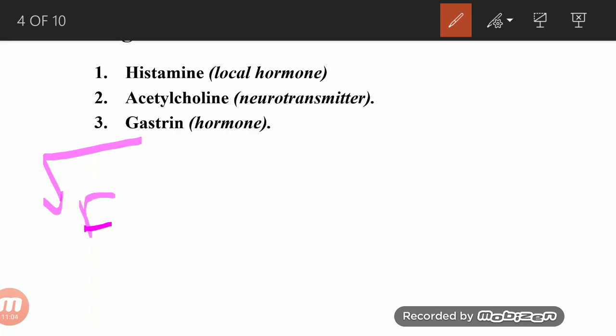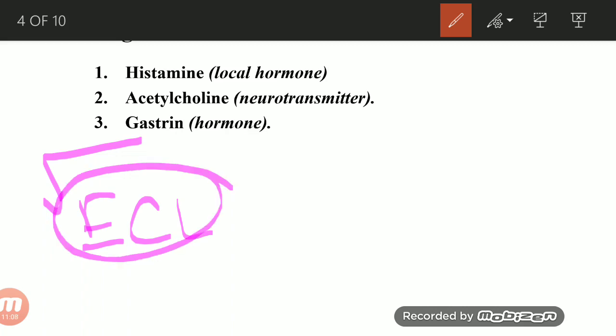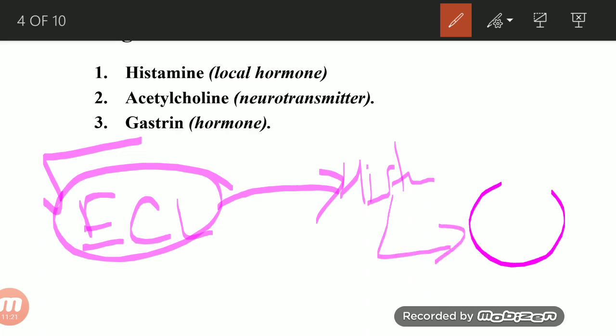This gastrin goes and activates your ECL, which is your enterochromaffin like cells, and from your enterochromaffin like cells there is release of your histamine, and this histamine now goes and acts on your parietal cell and then causes secretion of your H plus ions.